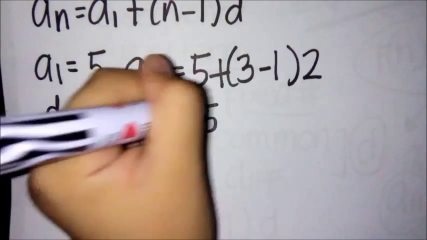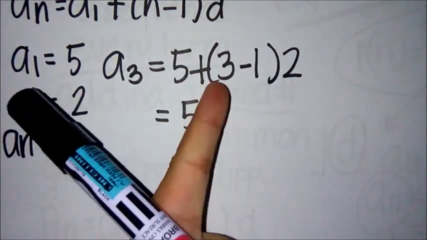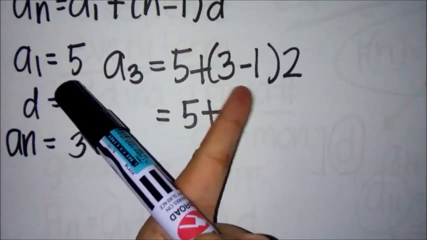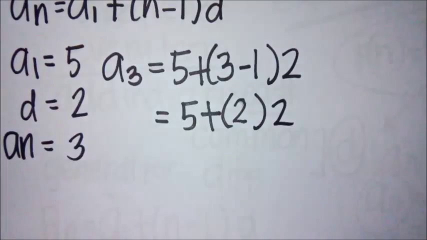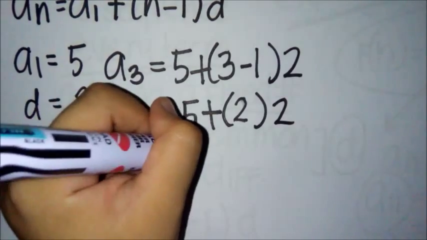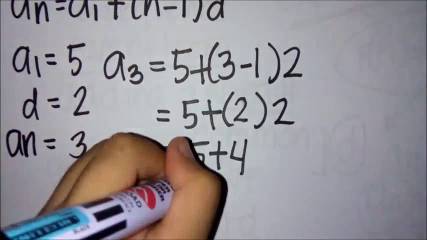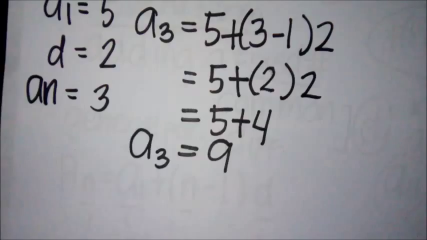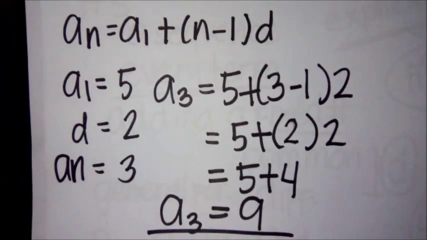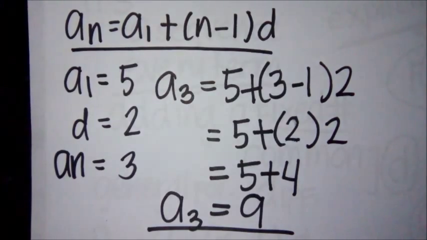So let's simplify this. 5 plus 3 minus 1 is equal to 2 times 2. That will give us an answer of a sub 3 is equal to 9. That is how you get an arithmetic sequence using the general term.